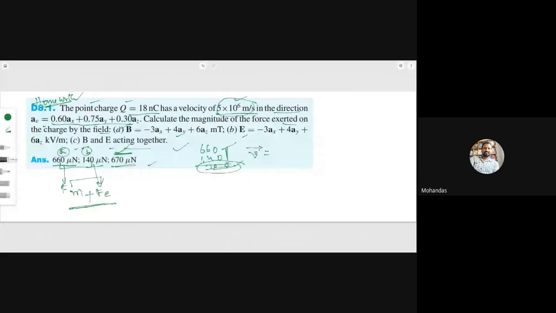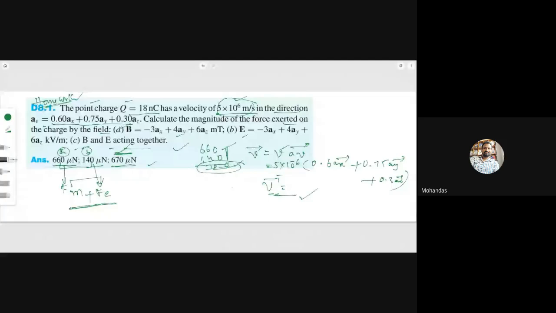V is given as 5 into 10 to the power of 6. What is AV? 0.6 AX plus 0.7 AY plus 0.3 AZ. If you multiply with this magnitude, you will get the velocity vector. So the procedure is similar to the previous problem which I have solved. Go through that procedure and verify these answers. I will ask in the next class.